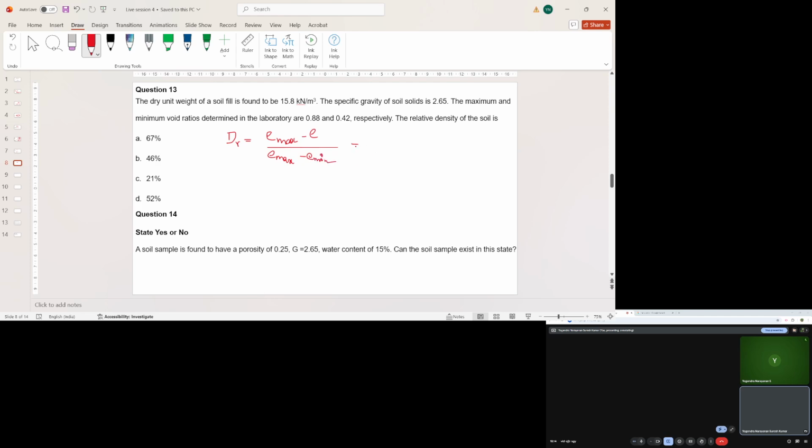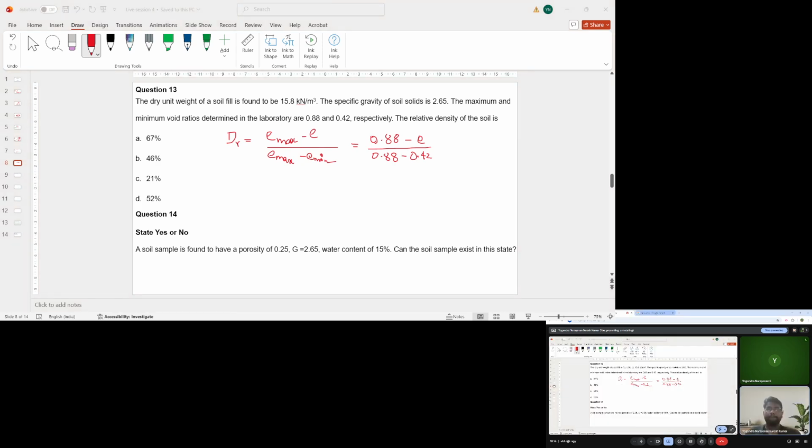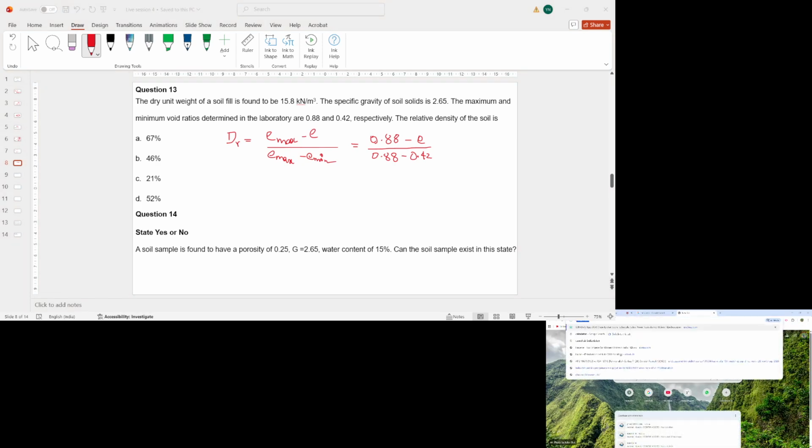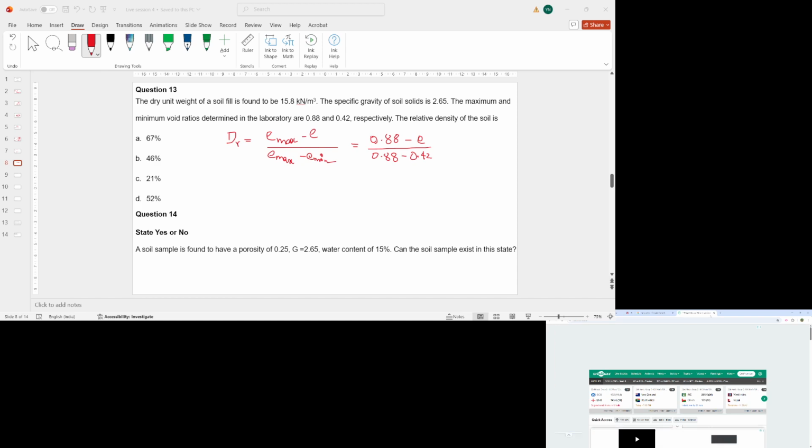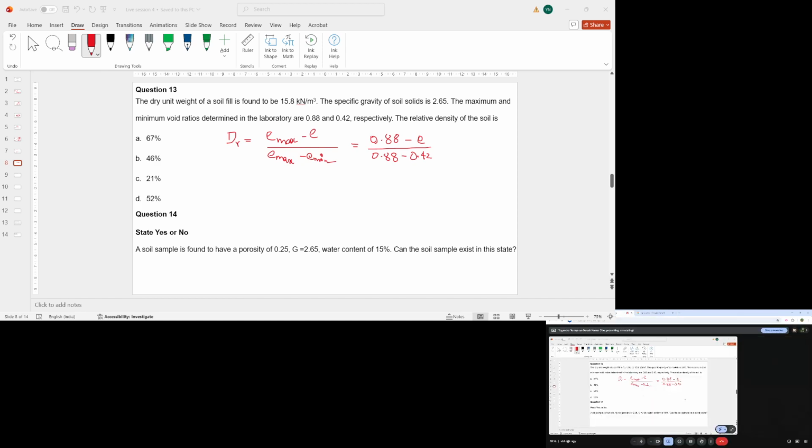Now we know e max as 0.88, so 0.88 minus e divided by 0.88 minus 0.42.